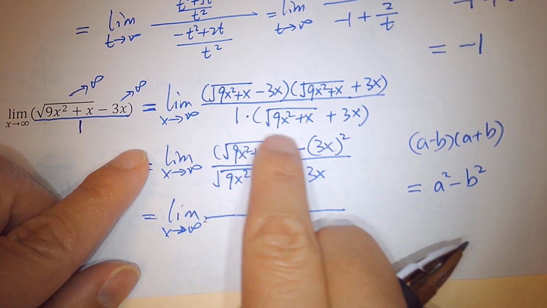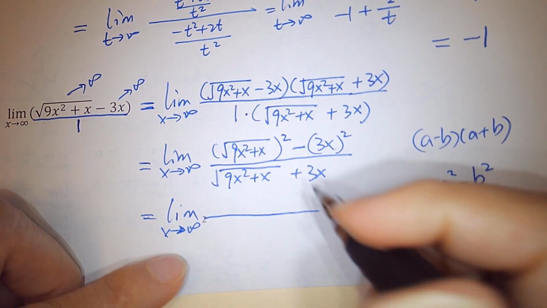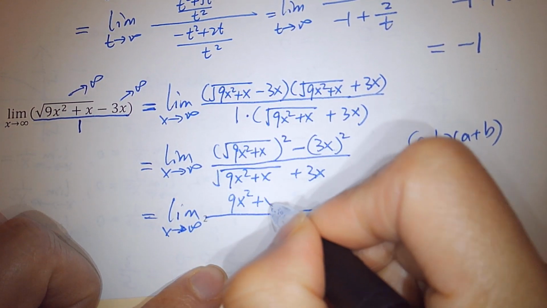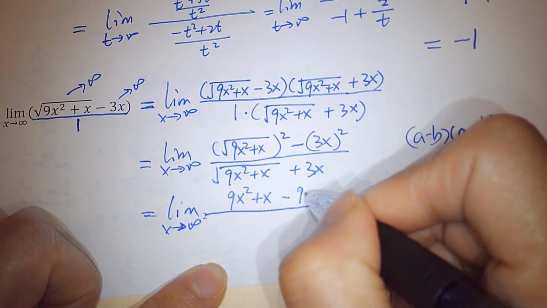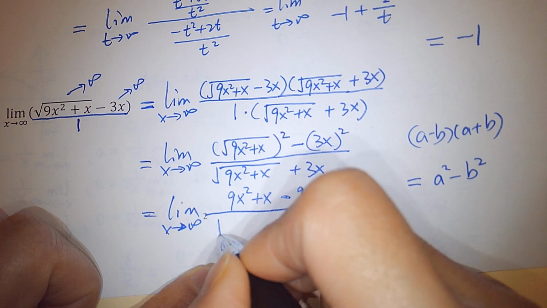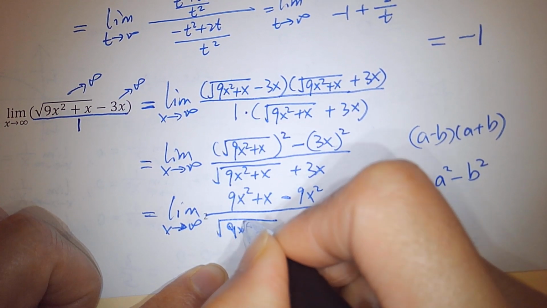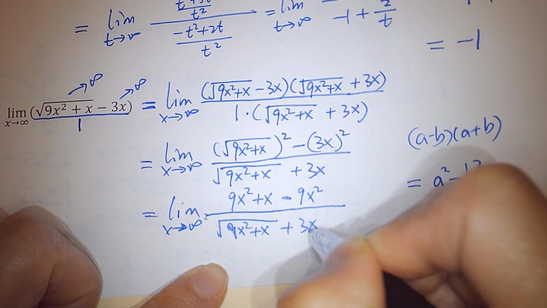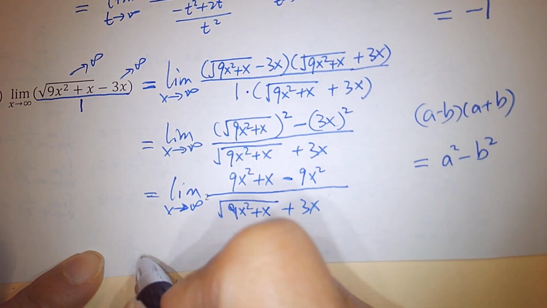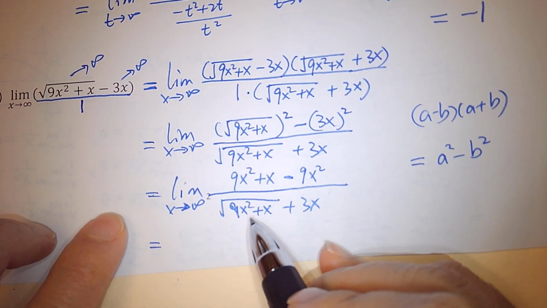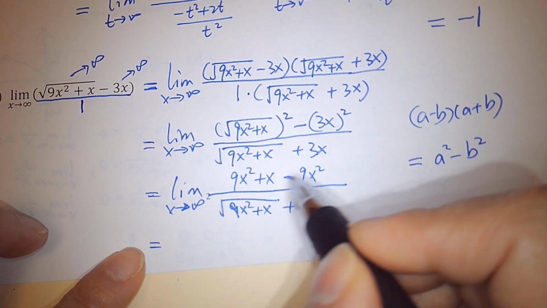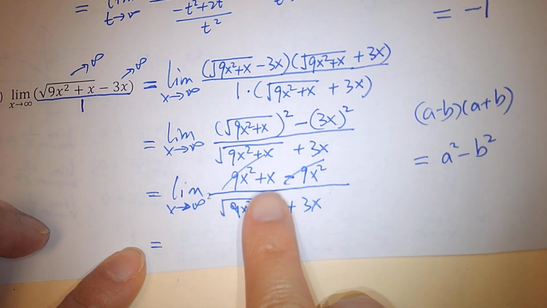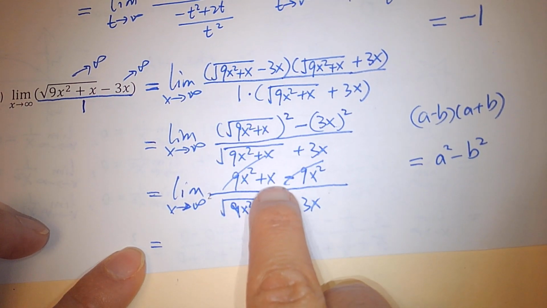What does a square root of a square give us? Just the function, 9x squared plus x. What is 3x in parentheses squared? 9x squared. So 9x squared minus 9x squared cancel out. We have an x. You see that?